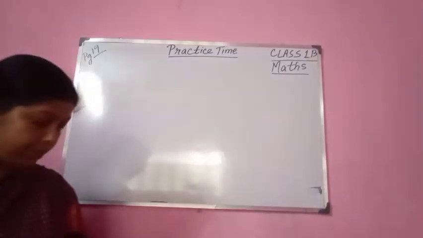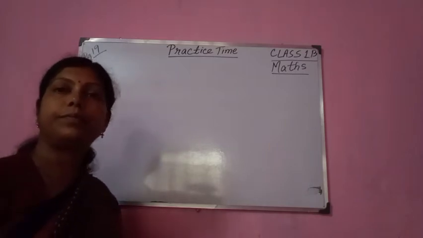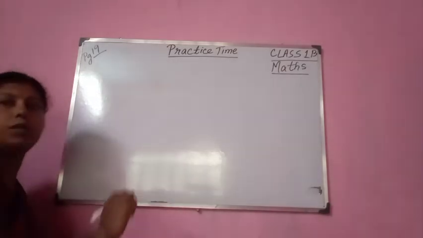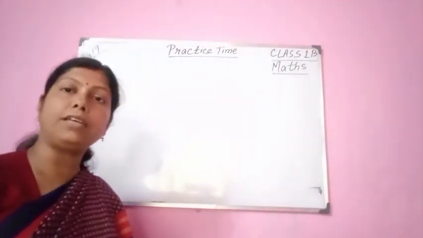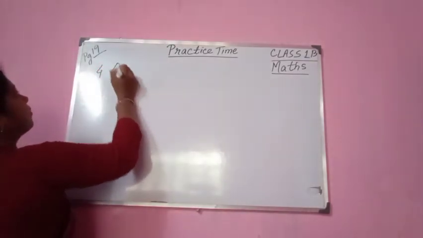Next one you see, October is the dash month of the year. Next, number 4 it is.